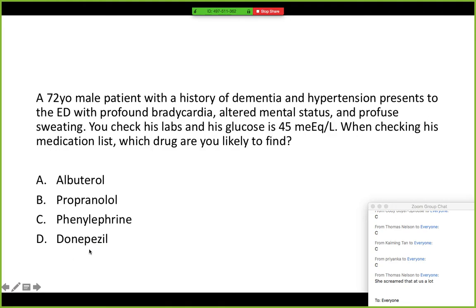Okay. So, 72-year-old male patient with a history of dementia and hypertension presents to the ED with profound bradycardia, altered mental status, and profuse sweating. You check his labs and his glucose is low. When checking his medication list, which drug are you likely to find? Right.